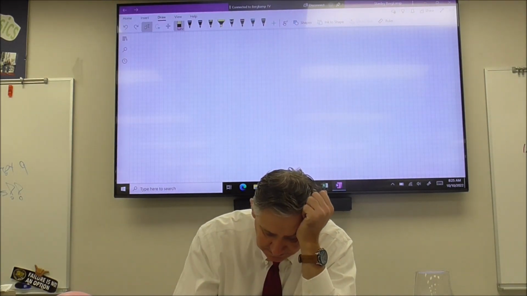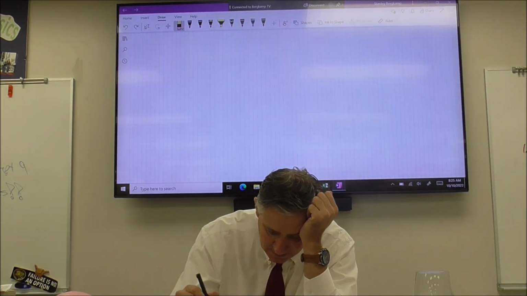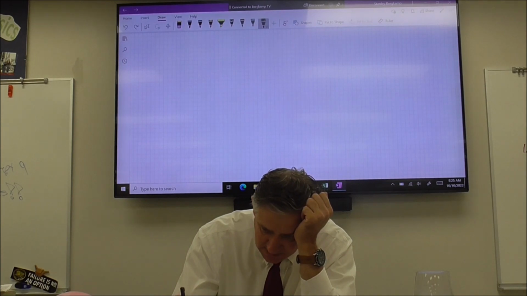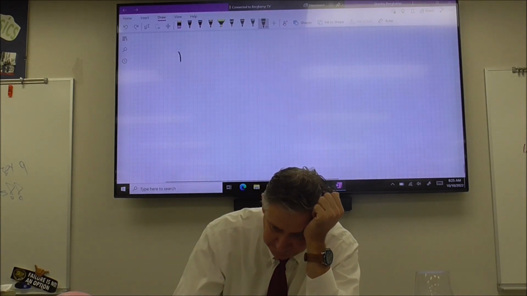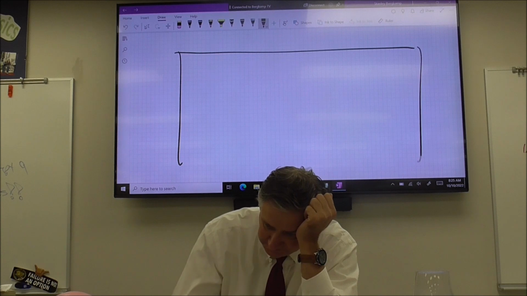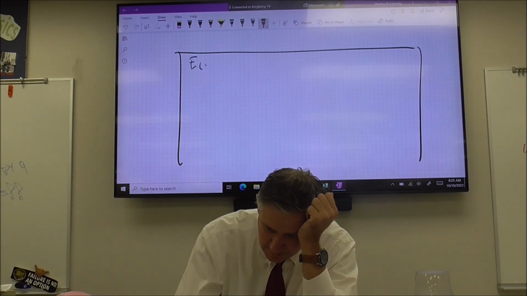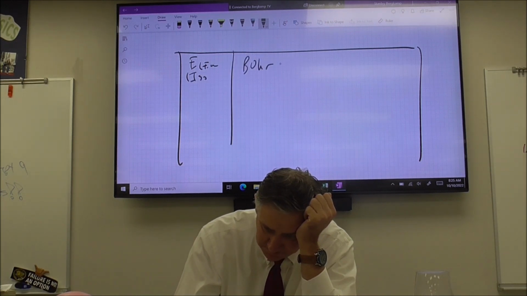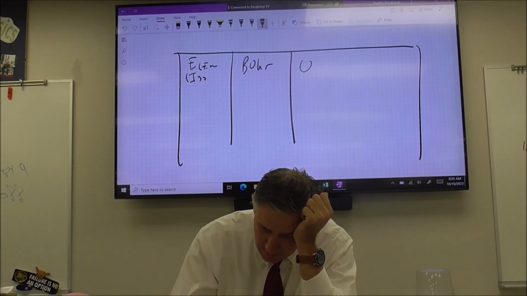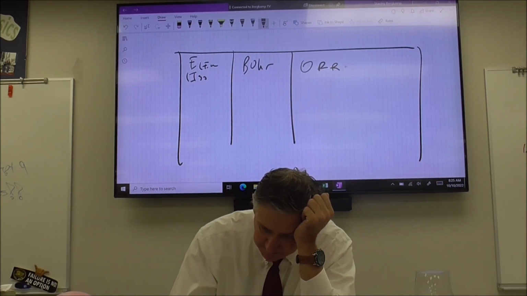So on lithium, this is what I'm looking for. Here's your chart. Element, and they want the isotope symbol, the Bohr model, orbital diagram, electron configuration.